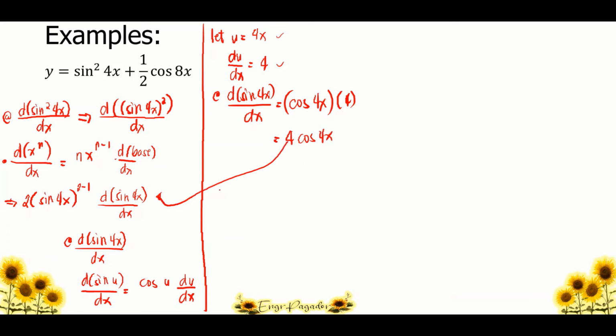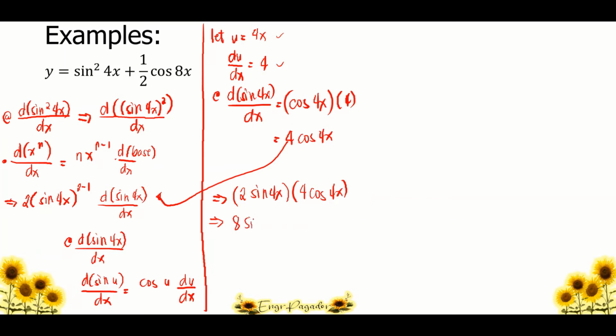So, continuing our solution in getting the derivative of the first function, we have 2 sine 4x. Pwedeng hindi na natin isulat yung kanyang exponent kasi 1 lang naman. And then, we multiply this with 4 cosine 4x. We can actually combine yung dalawang numerical coefficient dito. So, let's multiply that: 4 times 2, that is 8.